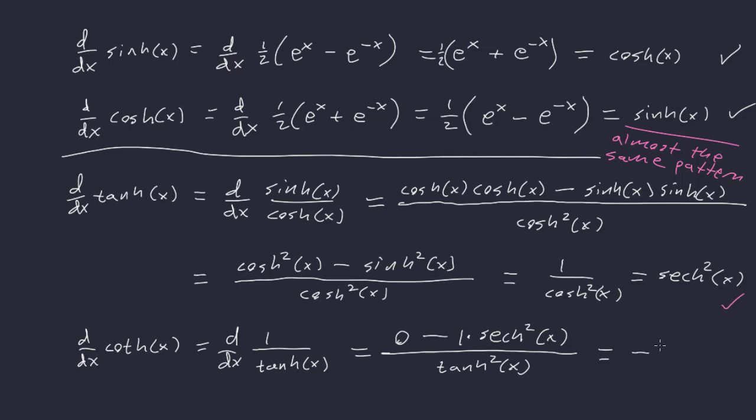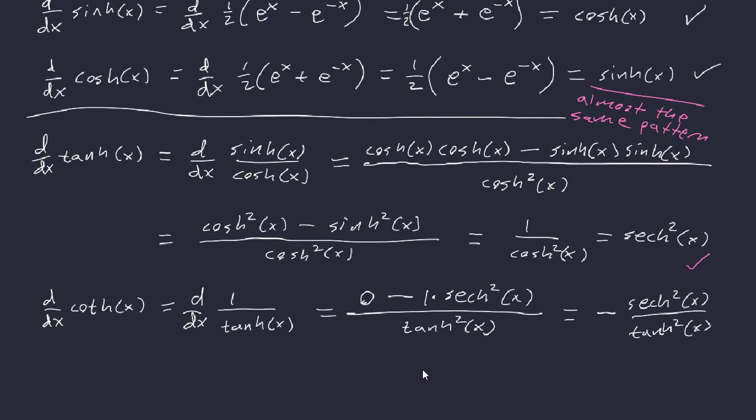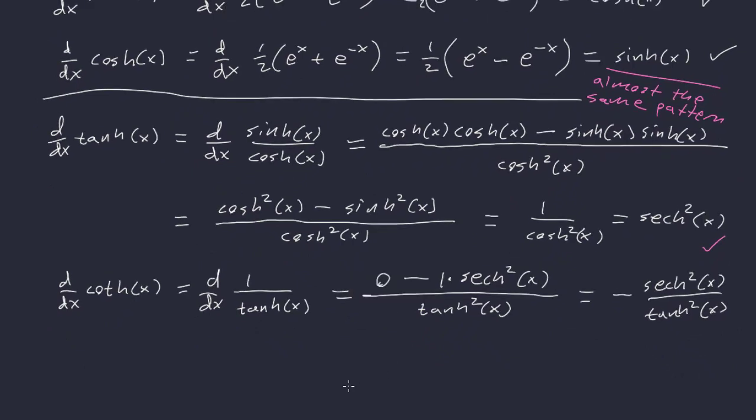So this is going to be negative secant h squared all over tangent h squared. Now, this might not look the same just yet, but let's mess with this a little bit.